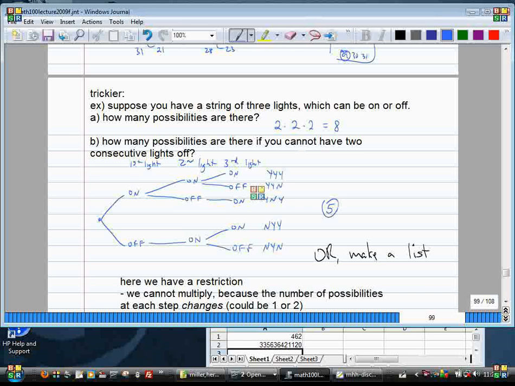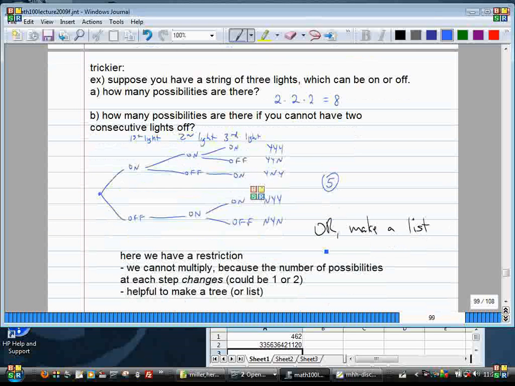Alright. So because this is so complicated, because the number of possibilities changes, you have to do a tree. You could do a list, but I think it's better to do a tree because it makes sure that you do every possibility, or at least make a tree and then make a list from the tree.